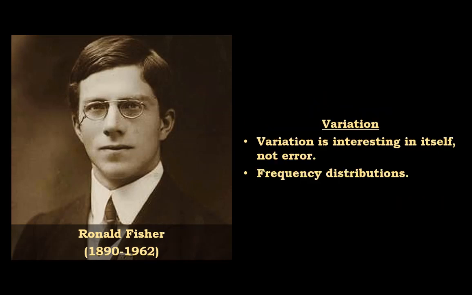The second topic which Fisher considers as being part of statistics is variation or variability. And until Galton, variability was considered an error. So people were thinking that there was something like a magnet towards the mean of a distribution, and things that are far from or away from the mean of the distribution were considered error.